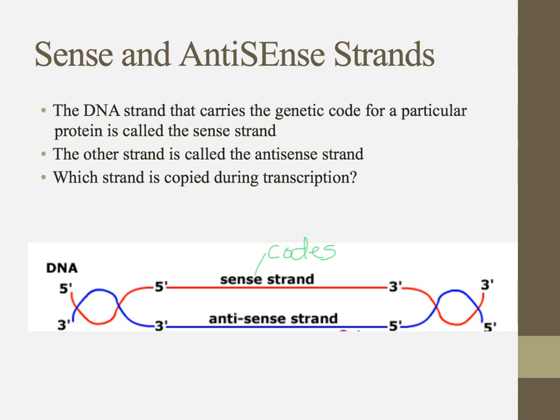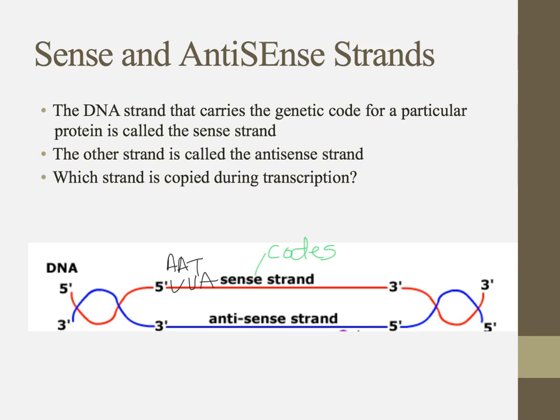So let's say this sense strand had the codes A, A, T, and I really needed that to make the proper amino acid. Well, if I used that sense strand to make the mRNA, it would say UUA, and it wouldn't be the same.